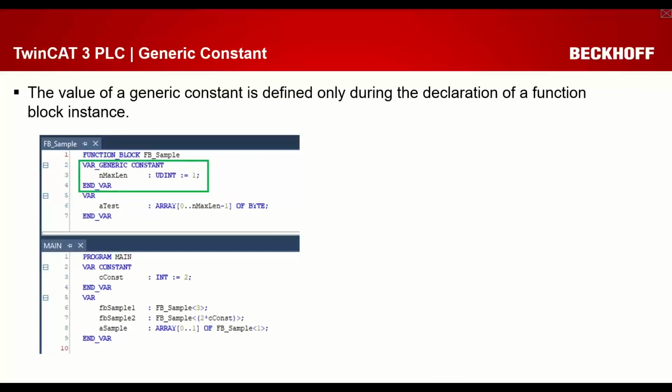Then there is a new concept which we have added, the generic constants. This is important to be more flexible with your function blocks. Here in this sample, we have a max length of the array, which you can set via this generic constant.